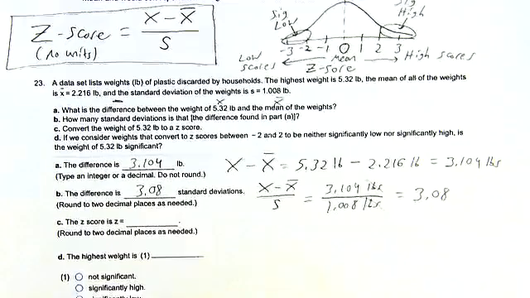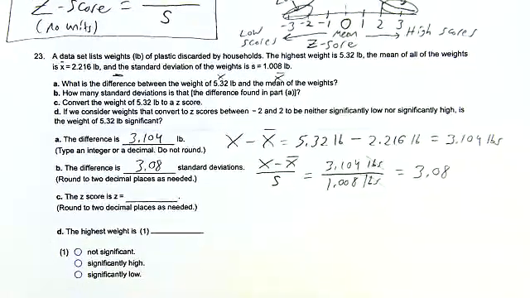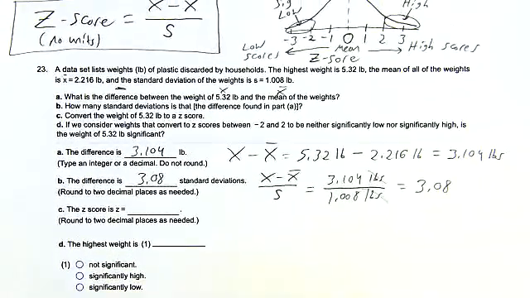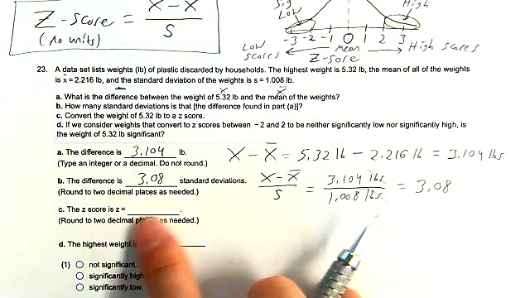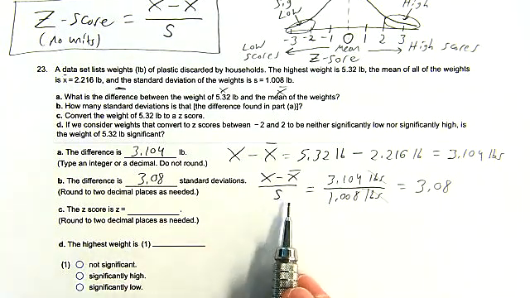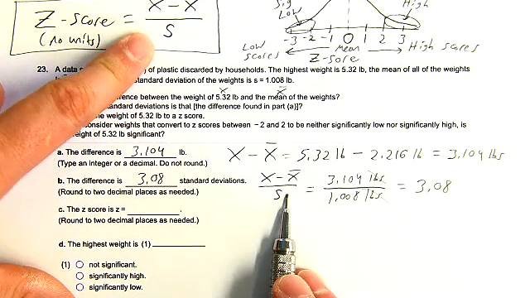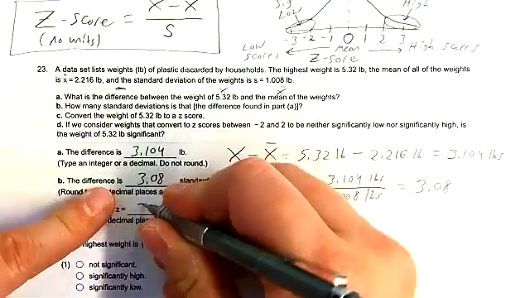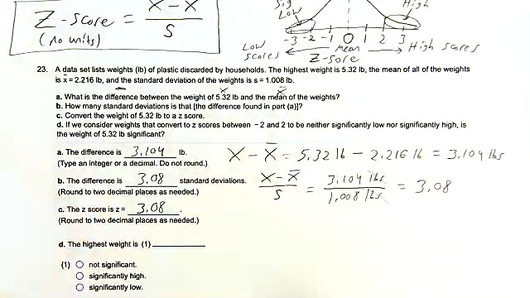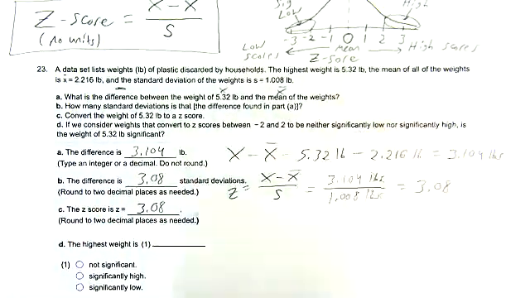Now notice the next part says, what's the z-score? Well, this right here is exactly the same as the z-score. So these two numbers are the same. So this was z.